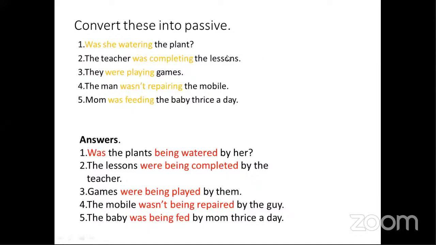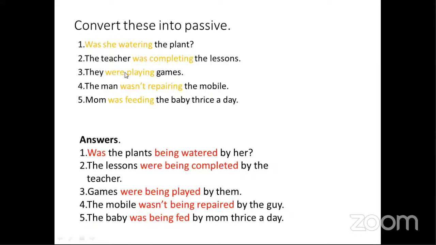Right. Then the second one, the teacher was completing the lessons. How is it? The teacher is the subject, was completing is the verb here. The lessons is the object. Then how is it? The lessons were being completed. I have highlighted the special things that you have to add in your answer. The lessons were being completed by the teacher. Right. Third one, they were playing games.